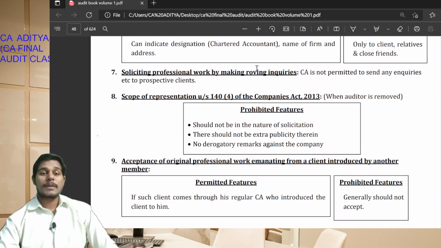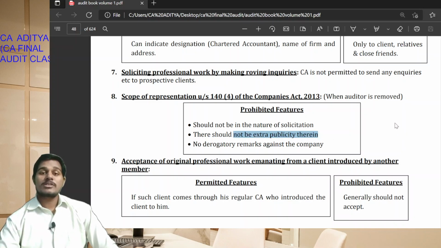Soliciting professional work by making roving inquiries is professional misconduct. Scope of representation under Section 140: when an auditor is removed, a chance is given to speak at a public meeting. Then he should not exaggerate, that is, he should not say anything bad about the company, and he should not promote himself in the nature of soliciting, that is, he should not seek publicity.